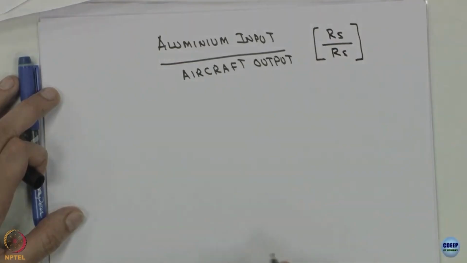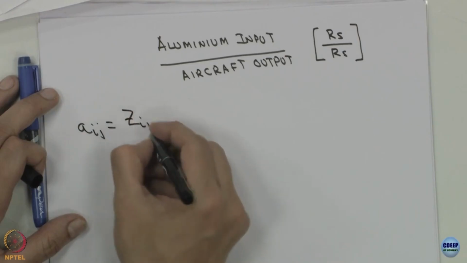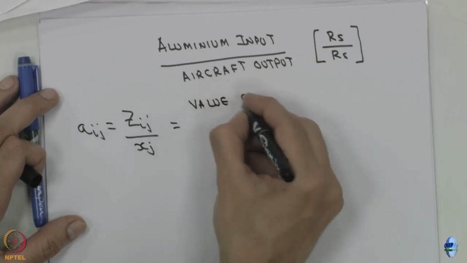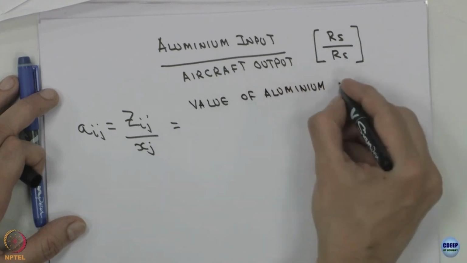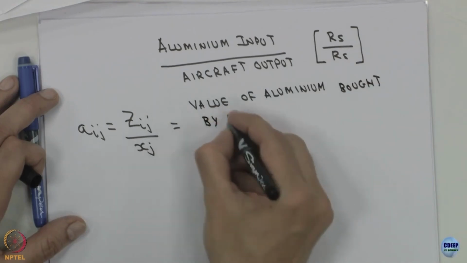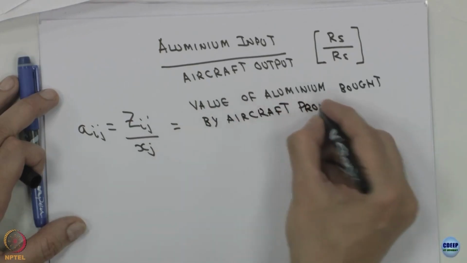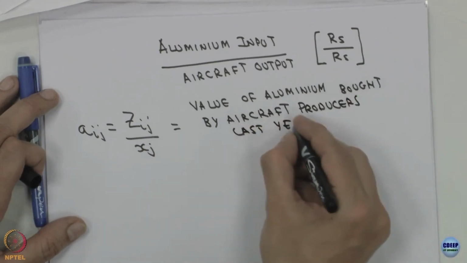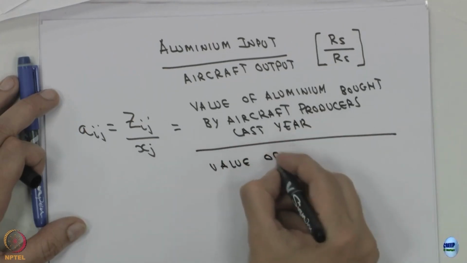So, it is a ratio, and so aij will be defined here as the value of aluminum bought by the aircraft producers in the last year, in the year which we are looking at, divided by the value of aircraft production.